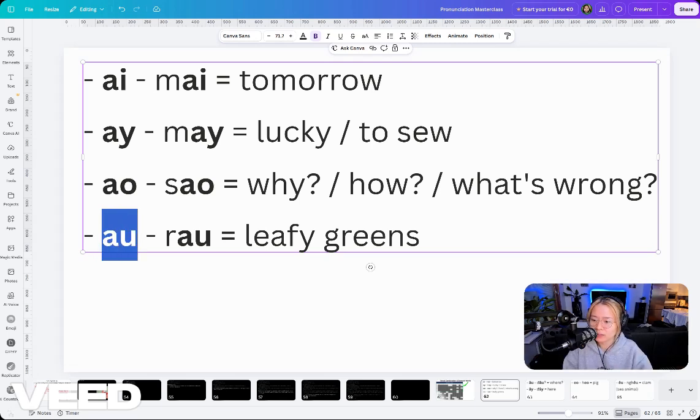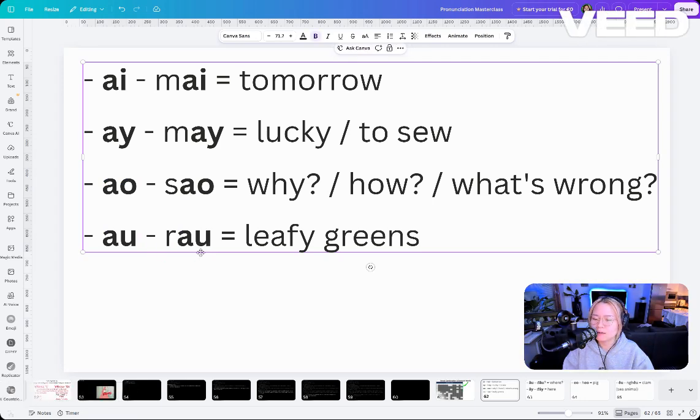For the third one, the ending, the lips will be very small. Like we make the smallest circle possible with our lips. Au, au. Versus ao, ao.